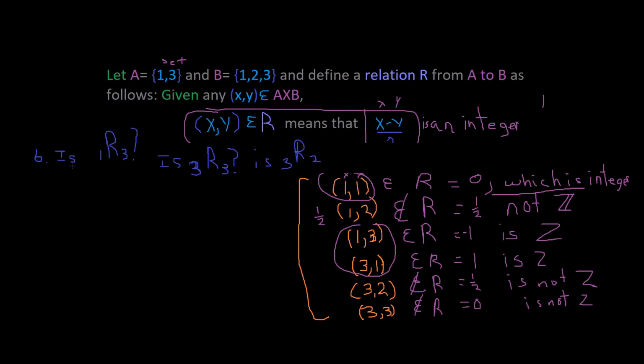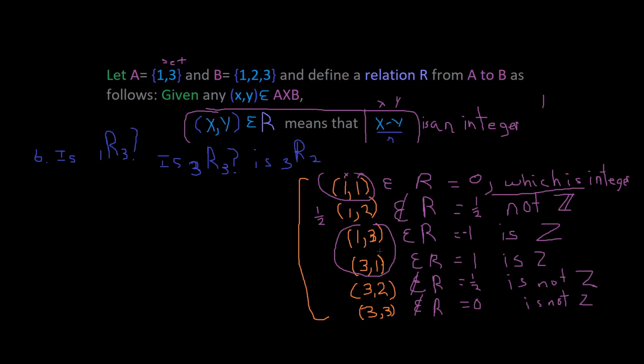Alright, so here's our next problem. It says, is 1 in a relationship to 3? So this is going to be our x, and this is going to be our y. If you remember earlier from the video, what that means. It simply means the ordered pair is an element of R. And so let's take a look at our ordered pairs over here that we got from doing A cross B, the Cartesian product.